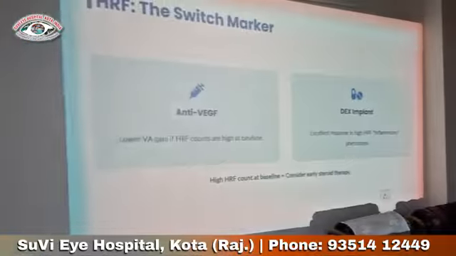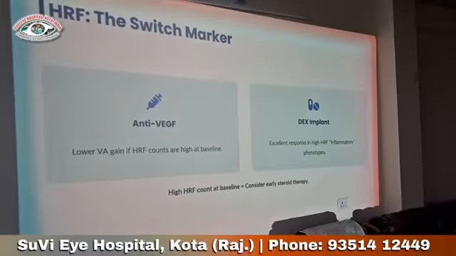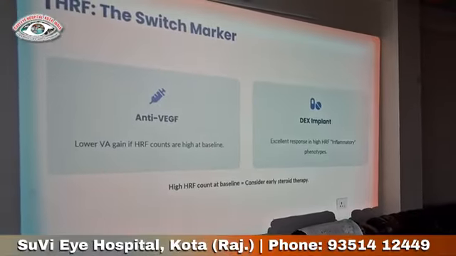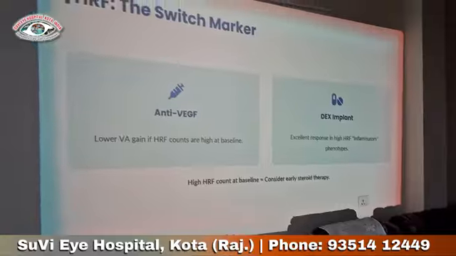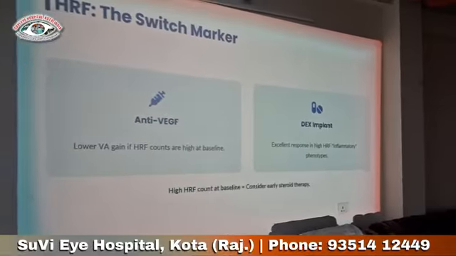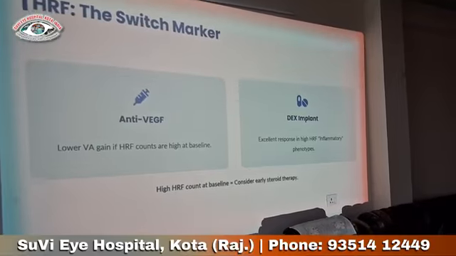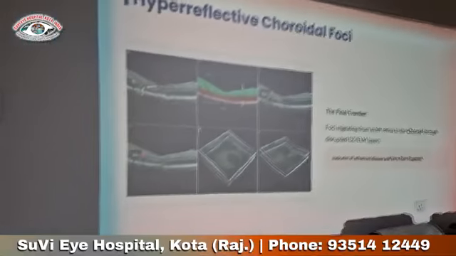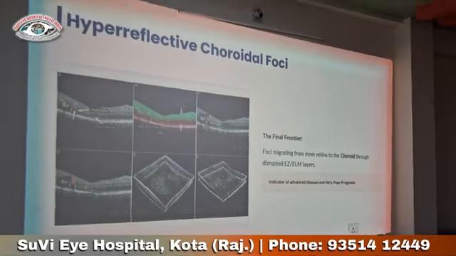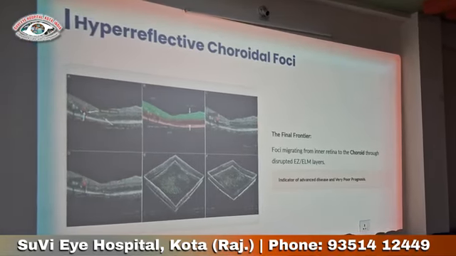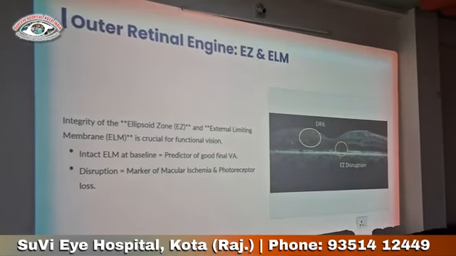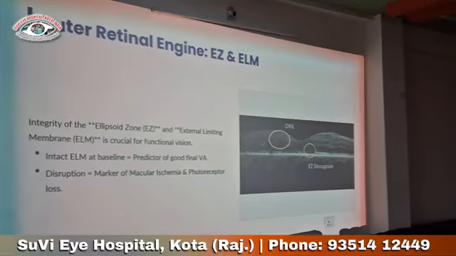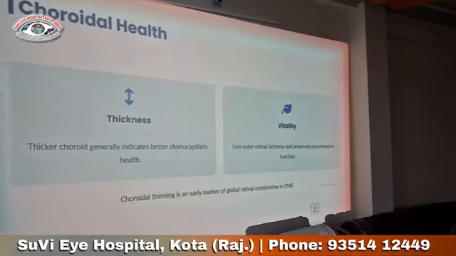So after 2 anti-VEGF injections, we shift to steroids. Because the patients are young, the risk of cataract formation is there with intravitreal steroids, and the risk of higher IOP is also there. So these are the hyperreflective choroidal foci, where the hyperreflective foci migrate to the choroid, and it indicates poor prognosis. And we discussed the ELM and the EZ disruption.